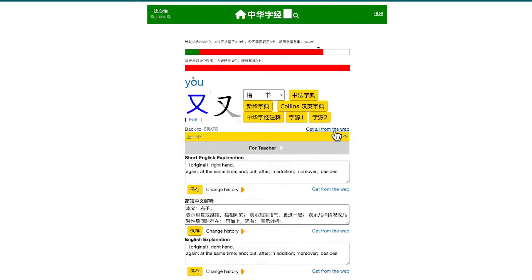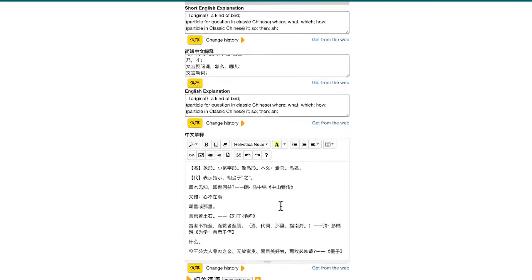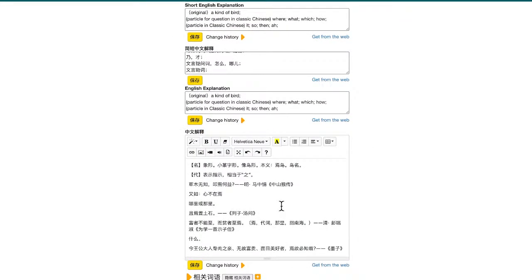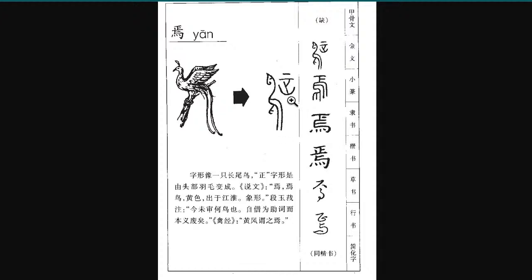Next one, 焉. The original meaning of this character is a kind of bird. It's the name of a bird. If you look at the original character, it looks like a picture of a bird, a kind of bird with a very long tail.